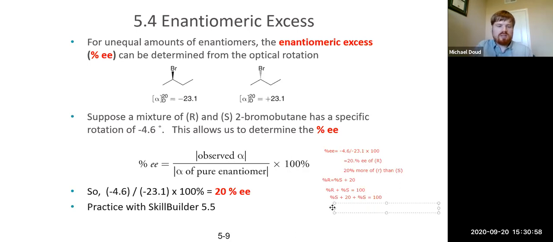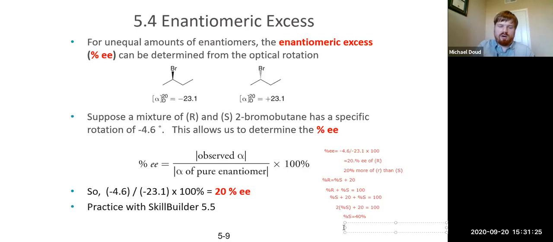Easy enough, right? So then it's 2 times percent S plus 20 equals 100, just like that. So now all we have to do is solve for percent S. Percent S, then subtract 20 from both sides, divide by 2. That's going to be equal to 40%. Now we have percent S. We know that percent R equals percent S plus 20.